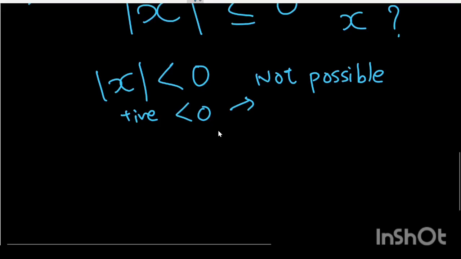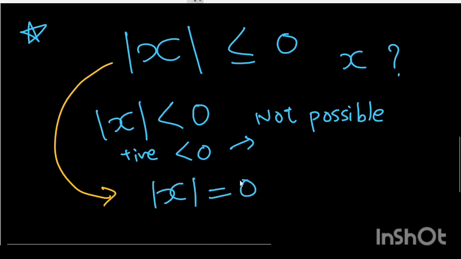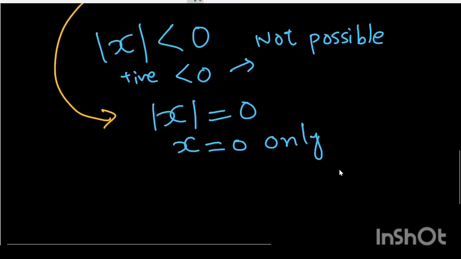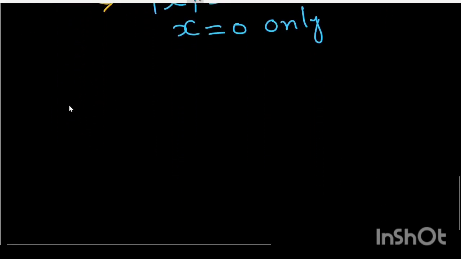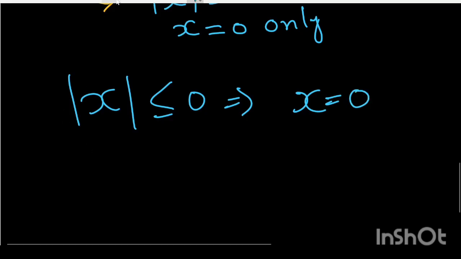So mod x less than or equal to 0 basically means mod x equal to 0. And when mod x is equal to 0, it means x equals 0 only. So mod x less than or equal to 0 means x equals 0. That's it. This is another point we can conclude.